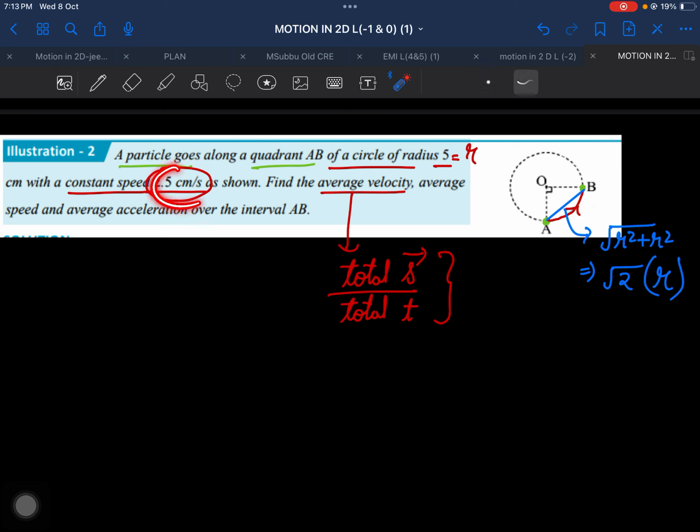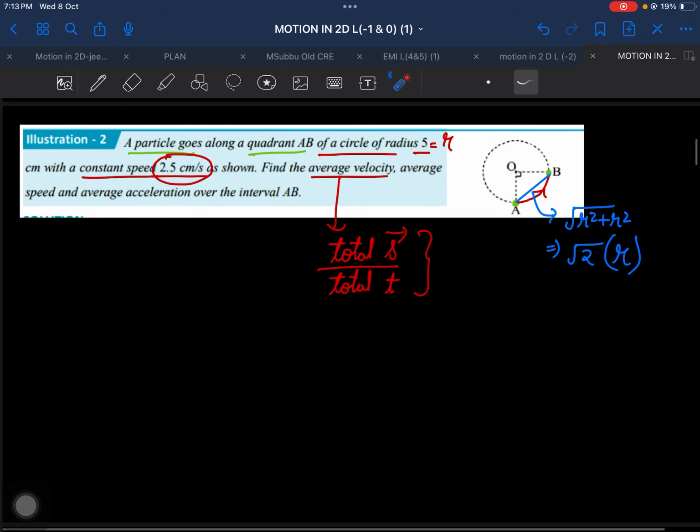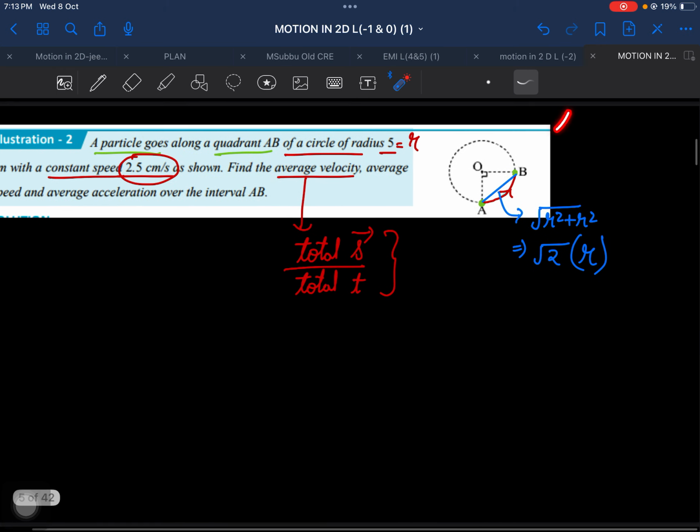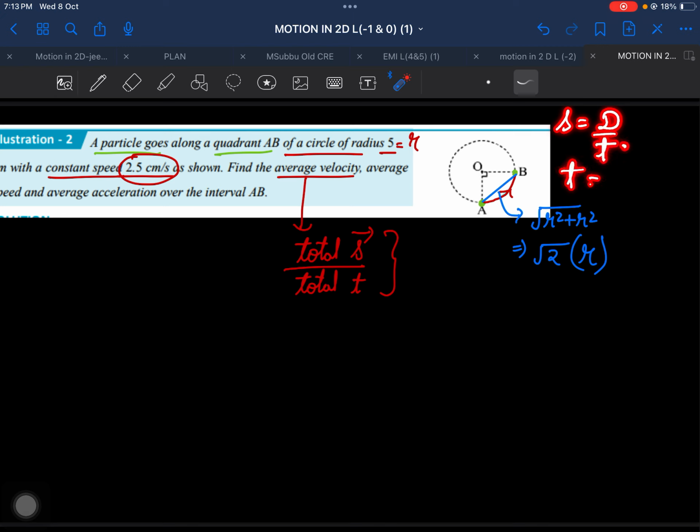Speed equals distance upon time, so time equals distance upon speed. What is the distance? The distance is a quadrant of a circle, so 2 pi r divided by 4, divided by the speed. The speed is 2.5. That's how you can find the time as well.